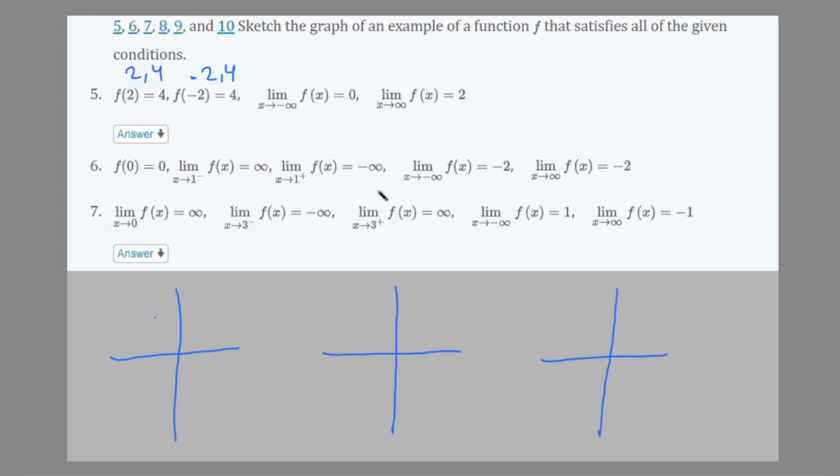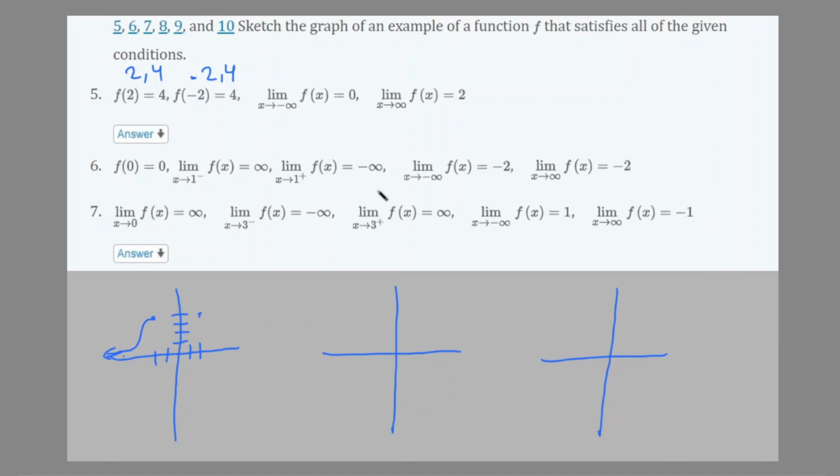So first, let's draw our points out so that we don't forget. 1, 2, 3, 4. Then this would be our first point, and then that would be our second point. So from the left side, it should have an asymptote at 0 as it goes to infinity. So we can draw something like that.